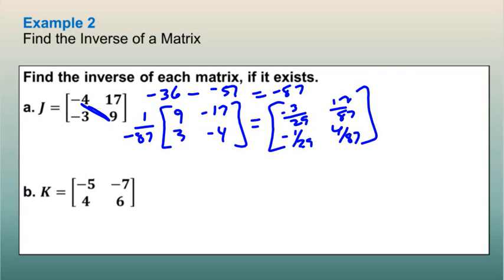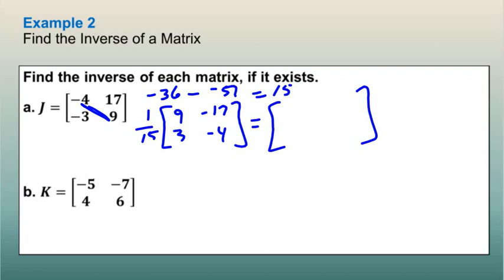Just reflecting now back on what I had, I actually did the wrong math up here. So this part right here is wrong, and my determinant is wrong because, when I'm subtracting a negative 51, that is actually negative 36 plus 51. That should give us 15. So now the determinant is 15, so I have to multiply by 1 over 15.